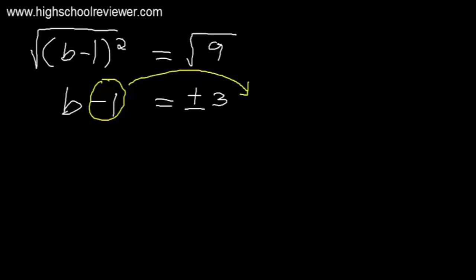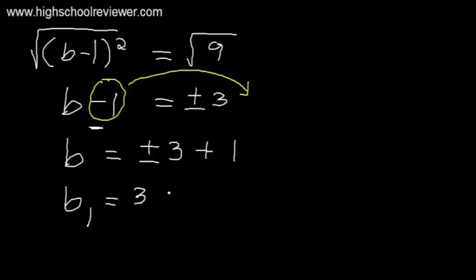What will be left on the left side will now only be b, and this will be equal to plus minus 3. If we transpose negative, this will change sign. This will now become positive 1. Okay, so our b sub 1 now will be the positive 3, so this is positive 3 plus 1.